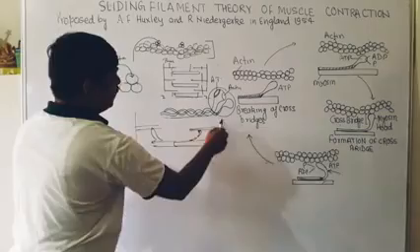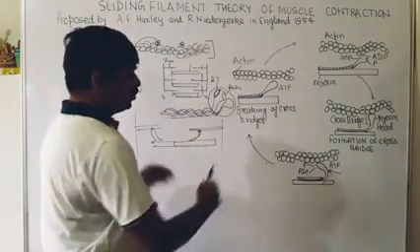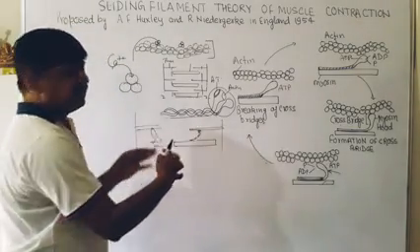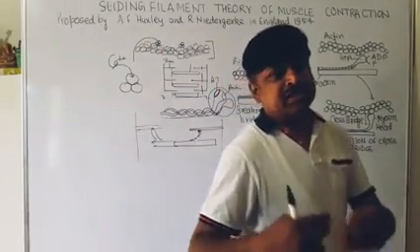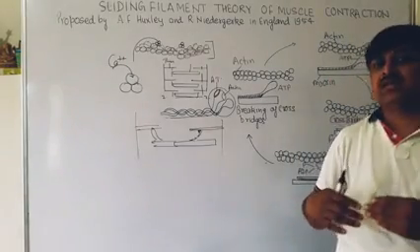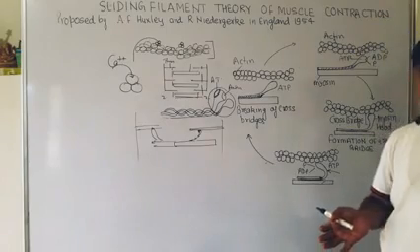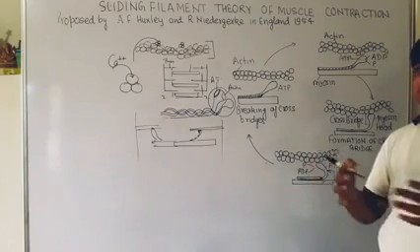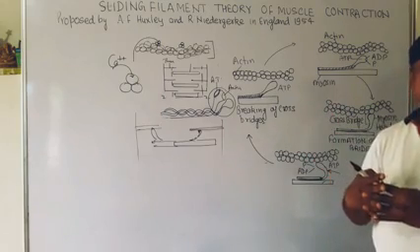So now these two will be pulled this side, clear. So this is the contraction, clear student. And this condition persists till the work is done, clear student. Irregular contraction and relaxation keeps on going, clear.